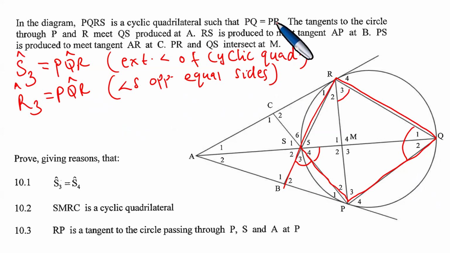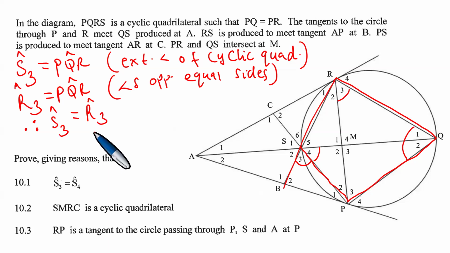We remember that PQ equals PR, so these are like base angles. So R3 equals PQR, angles opposite equal sides. Therefore the angle S3 equals R3, and this is true because both of these angles are equal to PQR.